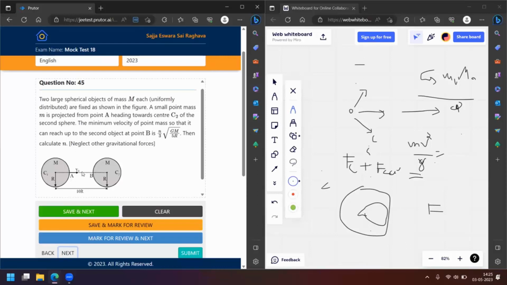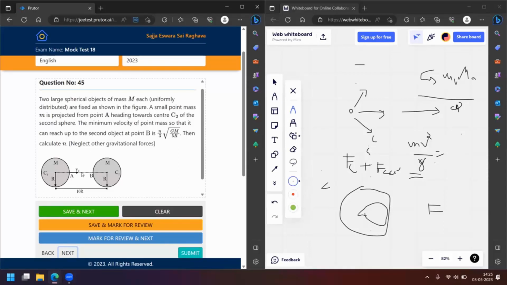So we have to check that the point has to reach the position where the resultant force is zero. Because if the resultant force is zero, then even if we move slightly, we will be under the influence of B and we will reach it.